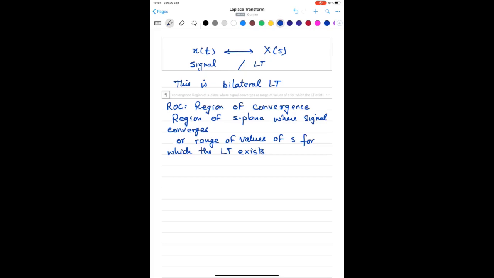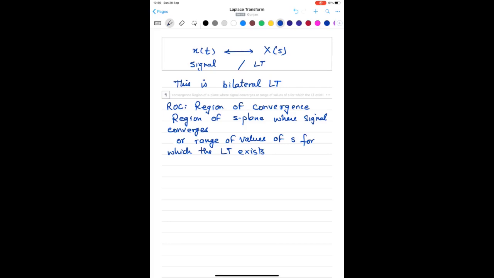So if you have two different signals which have the same Laplace transform, the only difference they will have is the region of convergence where they are defined, and it depends upon the signal you are using with it.